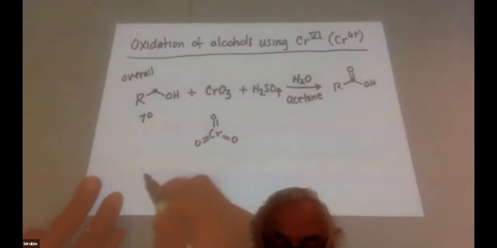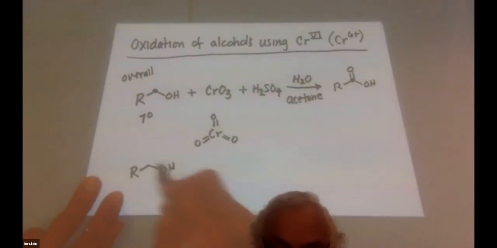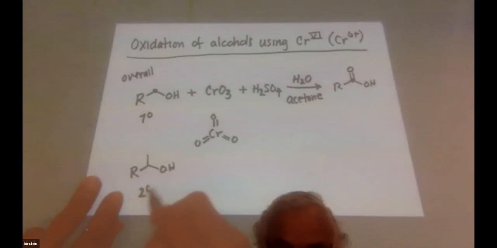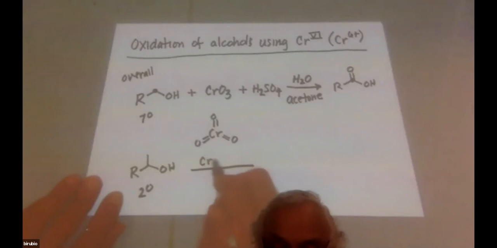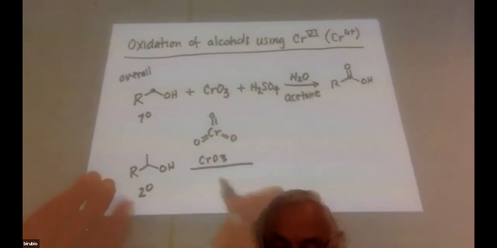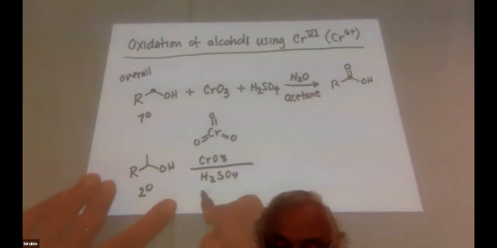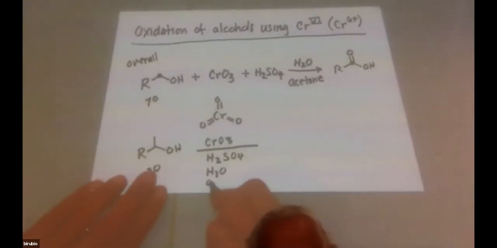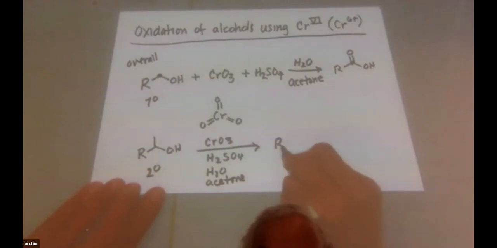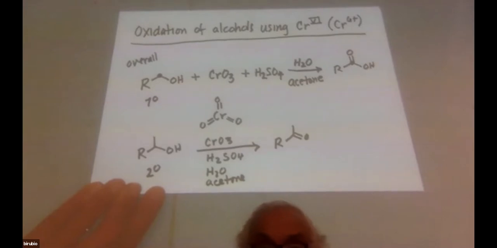Okay, so if it's a secondary alcohol, the same suite of reagents: chromium trioxide, sulfuric acid, water, acetone. Now the secondary alcohol is oxidized to a ketone, right?